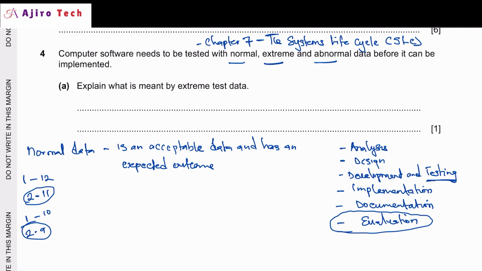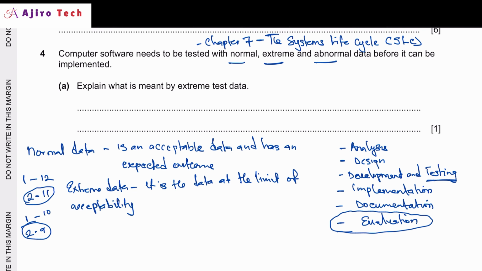Now we'll talk about extreme. Extreme data is the data at the limit of acceptability, or validity.